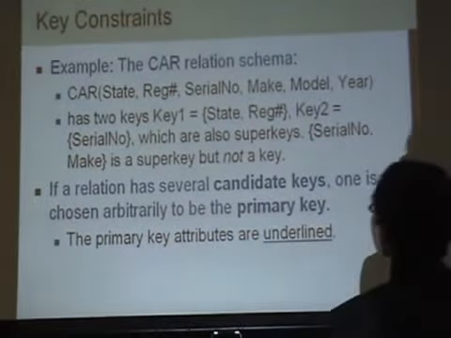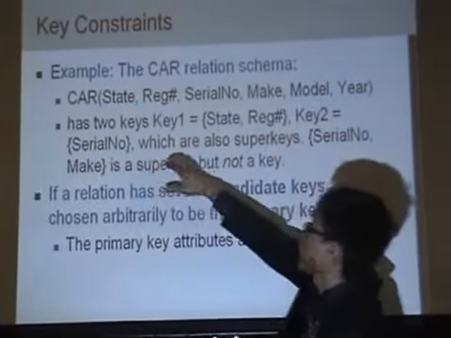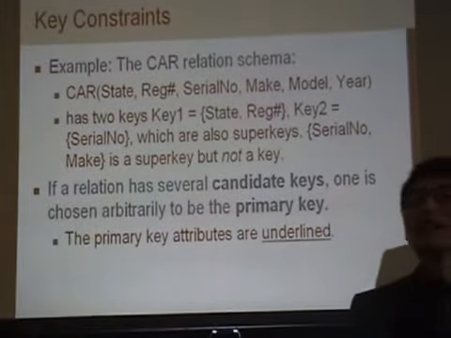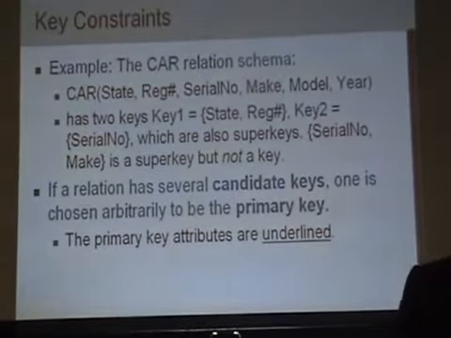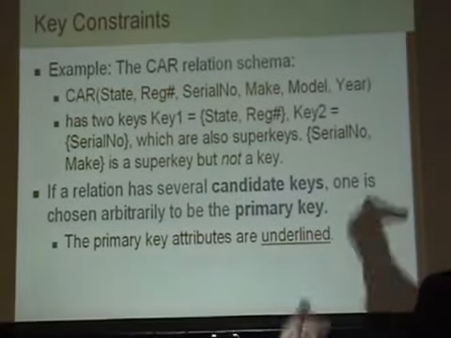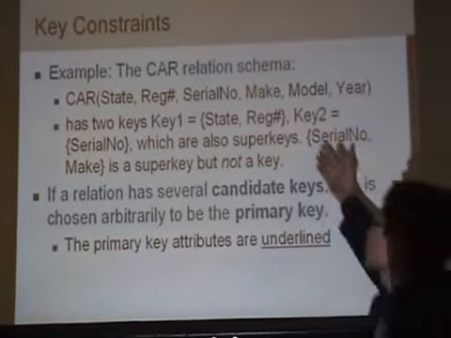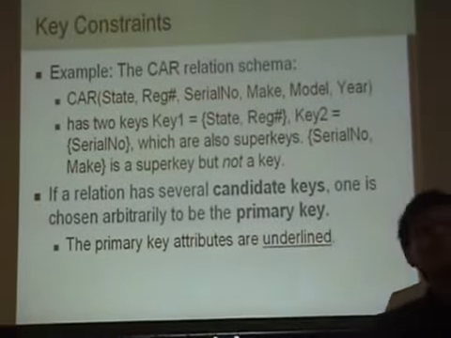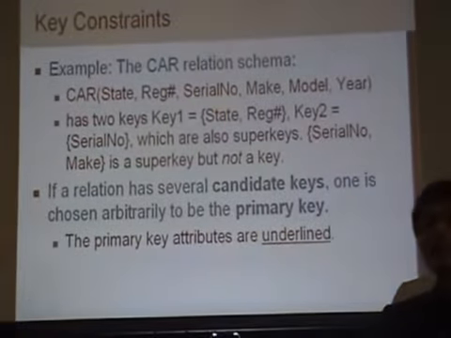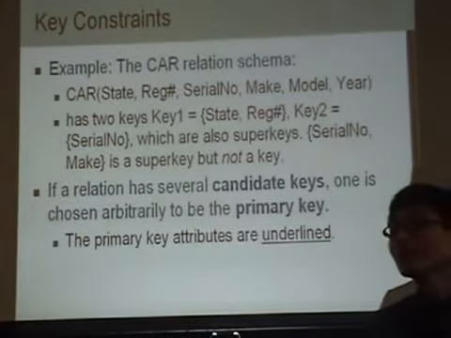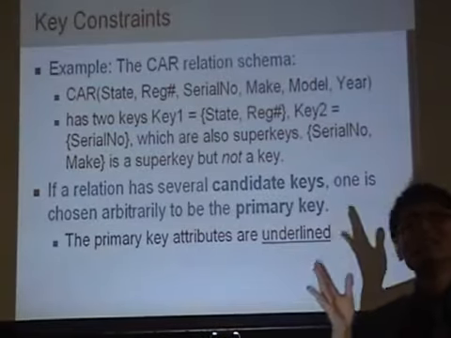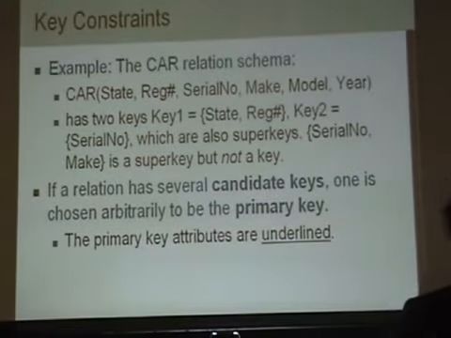Then we select key 2, serial number, as the key. Then what about key 1? Is there any specific name for key 1? We call key 2 the primary key. Then the other candidate key will be called the secondary key.